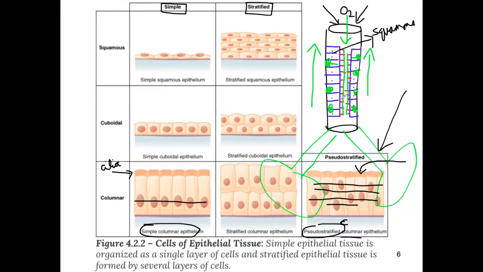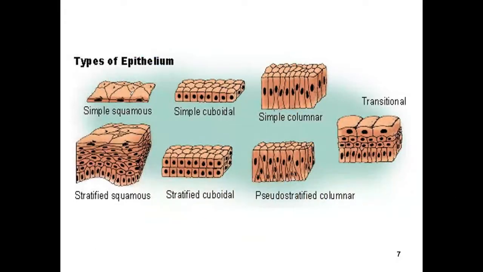Right? They have to work really hard to force the gunk and the tar and that debris from down to up. Okay, so when we look at it from the side view, here is simple squamous epithelium. We're going to have this primarily in the lungs, where the alveoli are.